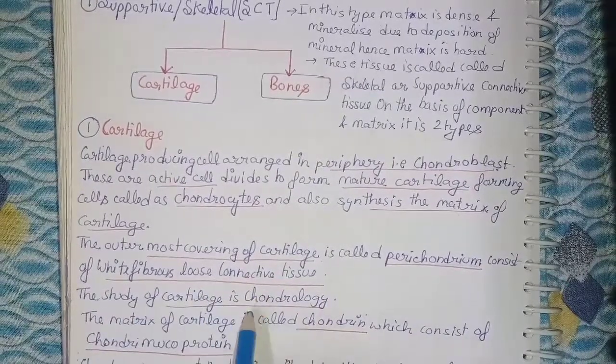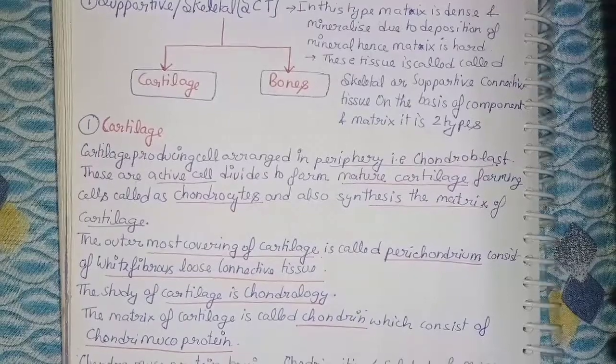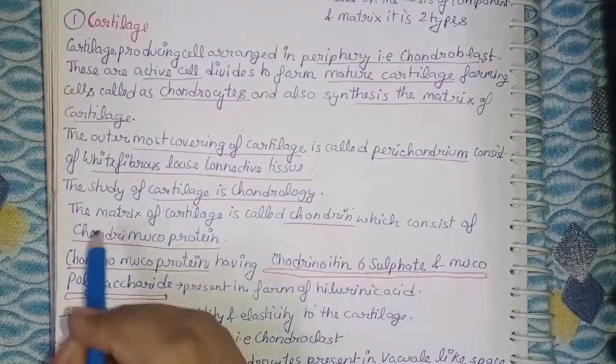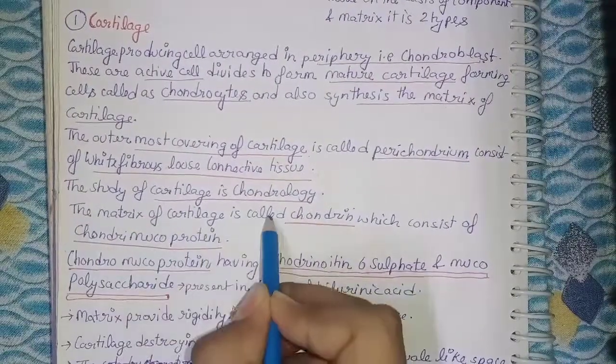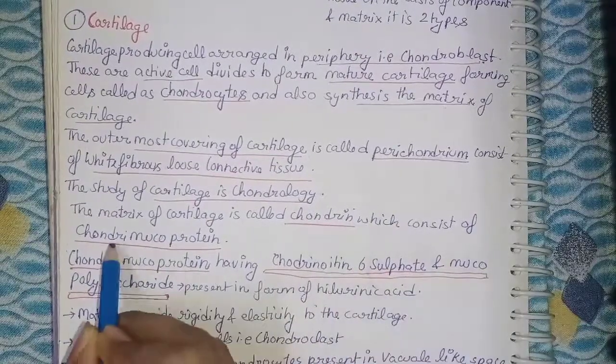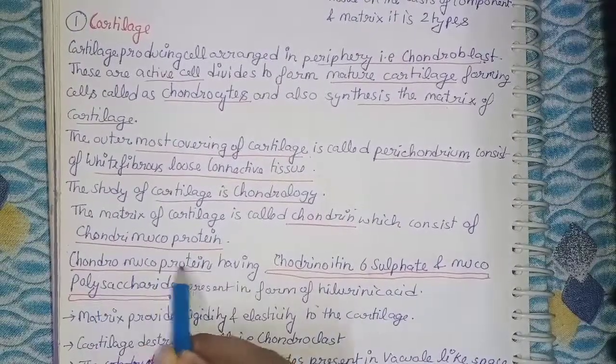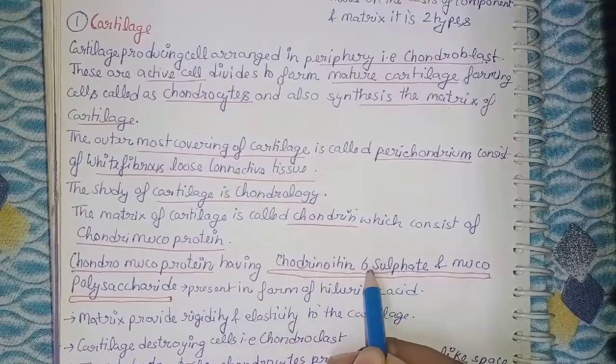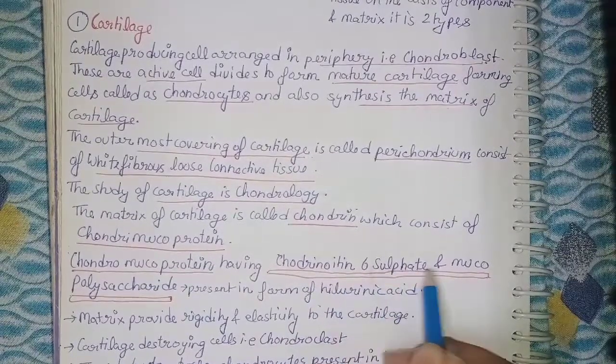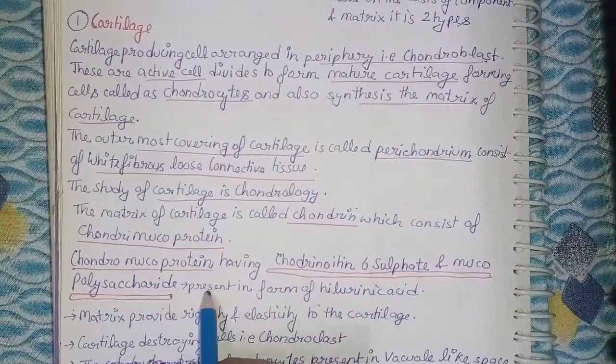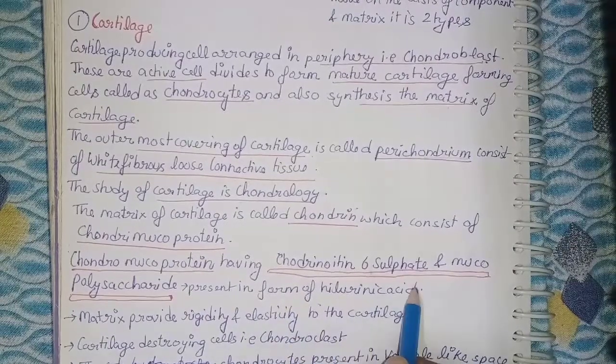The study of cartilage is called chondrology. The matrix of cartilage is called chondrin, which consists of chondrin mucoprotein, having chondroitin 6-sulfate and mucopolysaccharide, which is present in the form of hyaluronic acid.